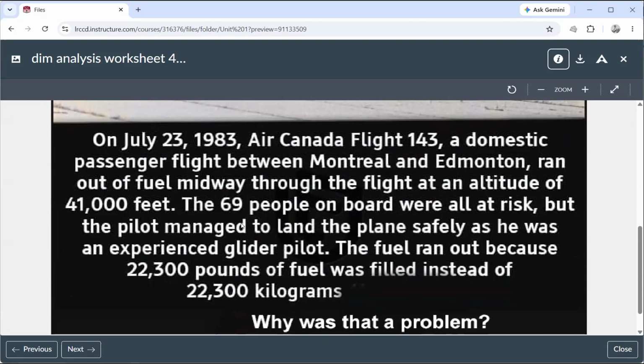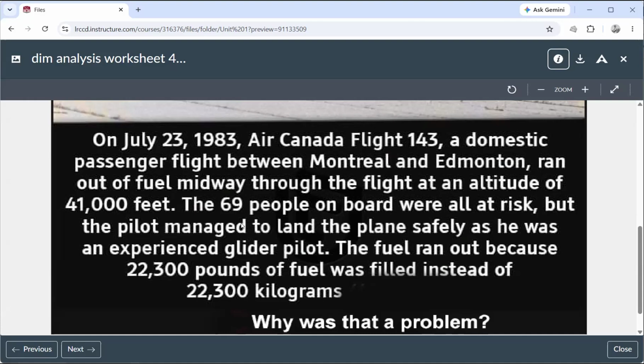Well, the problem is kilograms are lighter than a pound. So what happened is they were shorted probably like 10,000 pounds of fuel. And so they ran out of fuel.